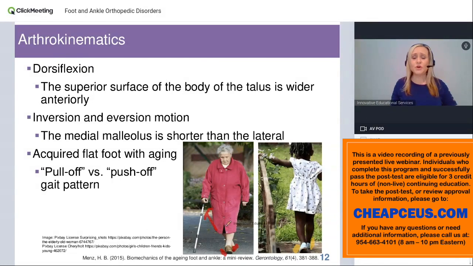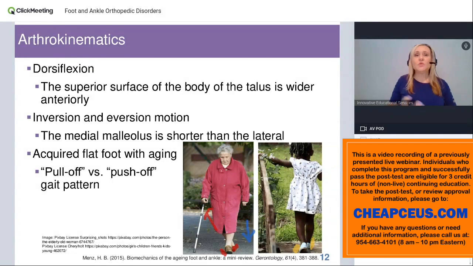So, what's going to need to occur here is, instead of that back leg that should normally be propelling the individual forward through the gait cycle, they actually need to do a lifting up of that back leg in order to pull through the gait cycle. And that's where we're seeing more of a pull off versus a push off of the gait.